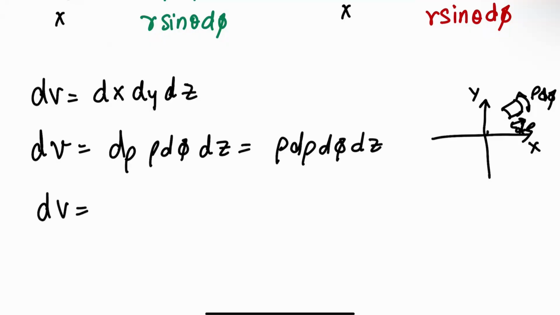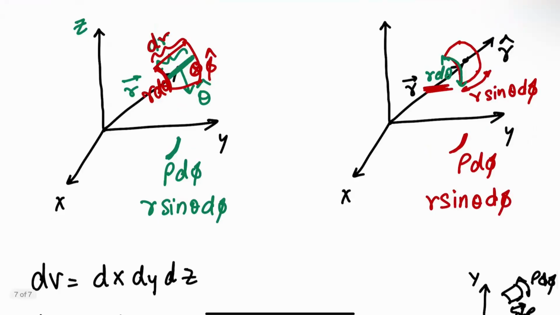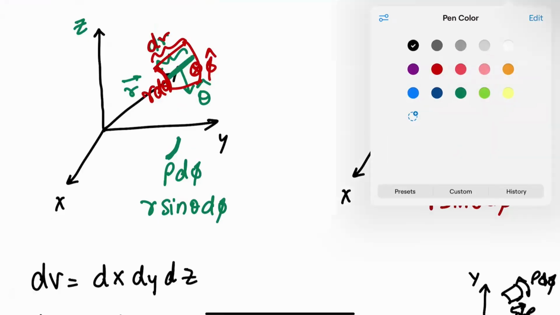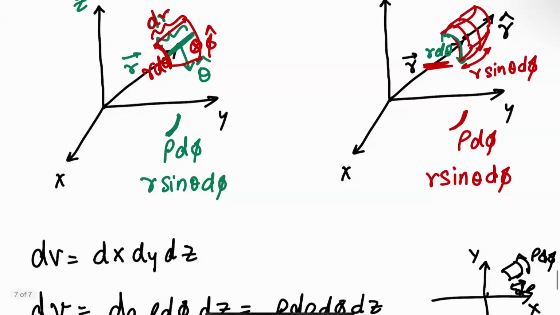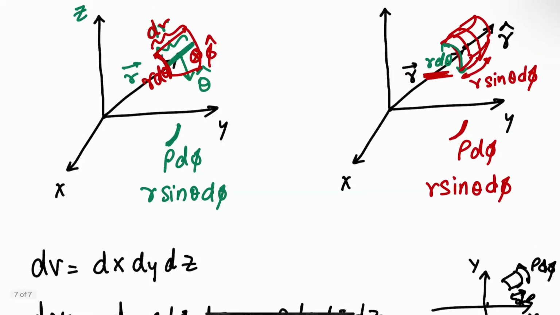And in spherical polar coordinates, if we go back here, it's essentially this patch. To convert it into a volume, you can extend the patch to a small volumetric element there. So it's like taking three components. One component is this, which is the r d theta.